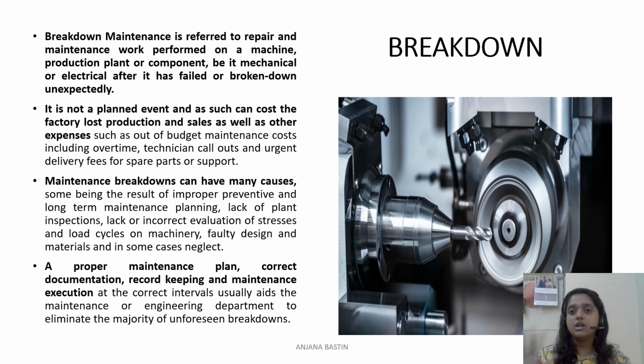This is your general understanding about breakdown. Breakdown is not planned. You don't know whether it is going to break down next hour or tomorrow. So you cannot plan that breakdown. It would happen, so there's no way of stopping it, but you can stop it only if you do proper maintenance.